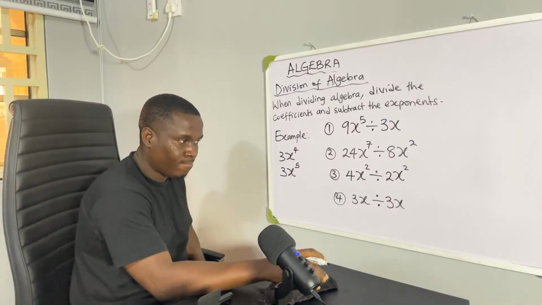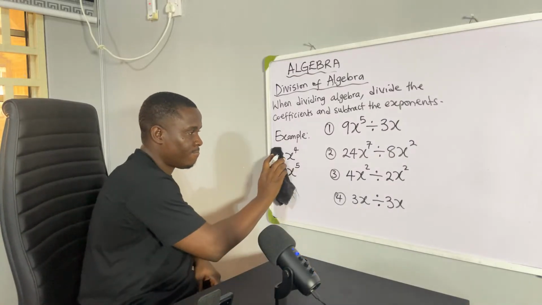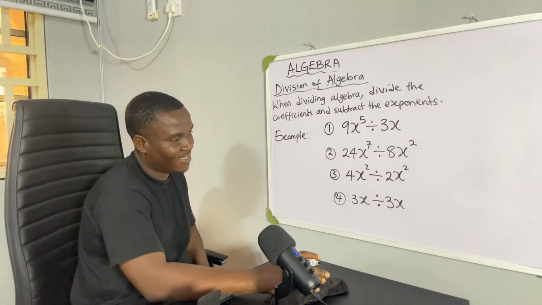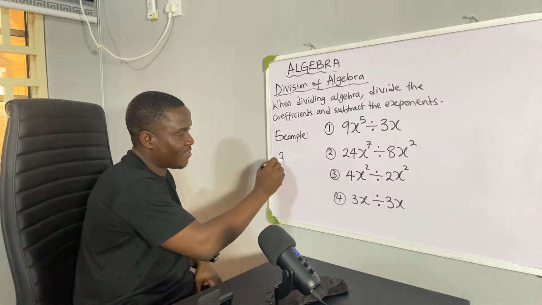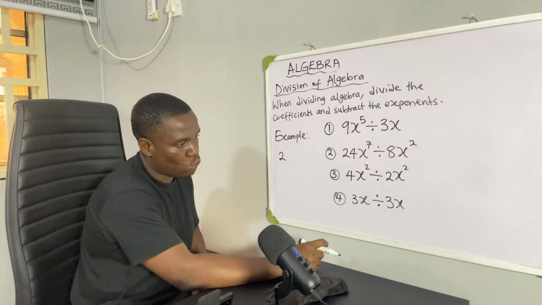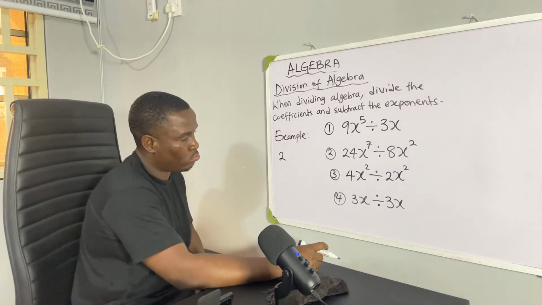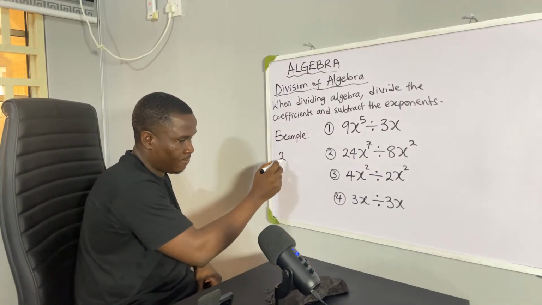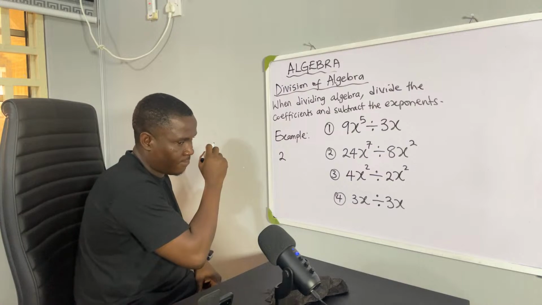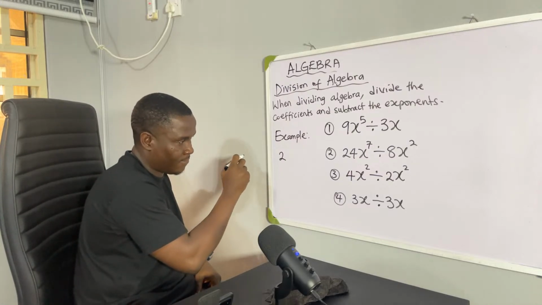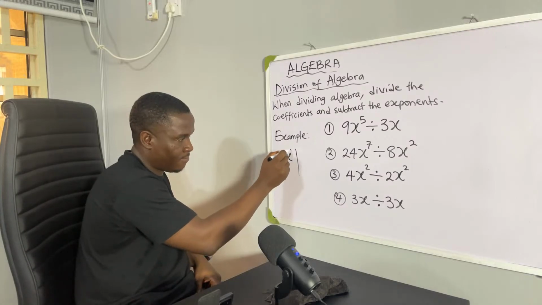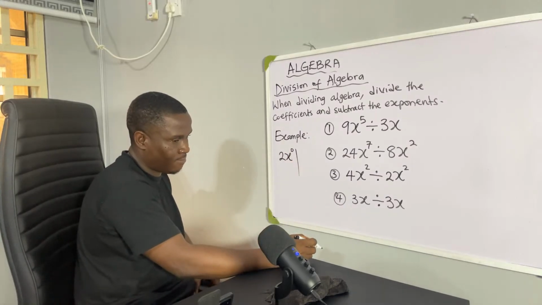And for the one that made me sad, I had 4 divided by 2, that gave me 2. Then I had 2 minus 2, it gave me 0. Now, I'm not sure, I have 2 answers. I have 2x to the power 0, which to me doesn't make sense.